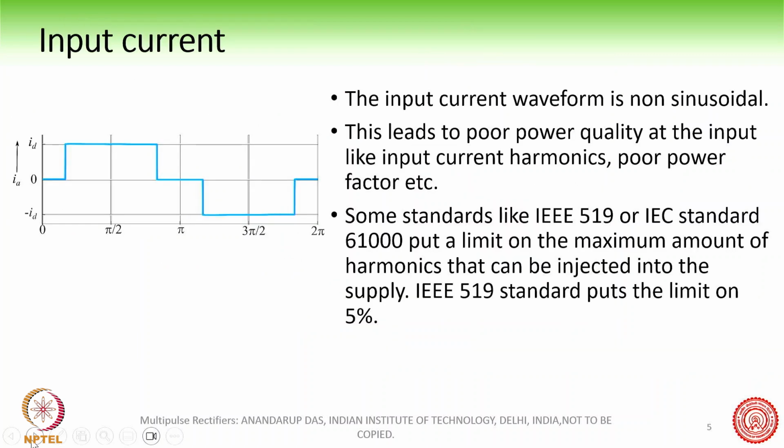It leads to poor power quality at the input, like input current harmonics, and standards like IEEE 519 will not allow you to use this equipment in your factory or in a real setup, because it violates this standard and you are injecting too many harmonics into the grid. This standard says that the total harmonic distortion, THD, should be less than 5%.